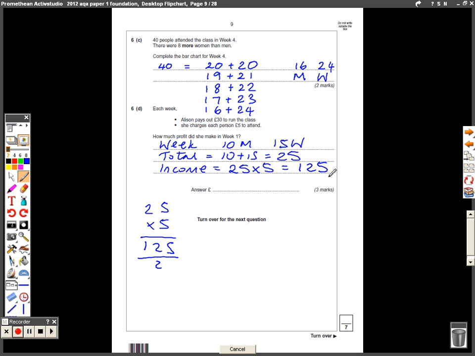And Alison pays out £30 to run the class, so we're asked for her profit, so her profit is going to equal 125, take away 30, and I could write it out again like this, 125, take away 30, 5 take away 0 is 5, 2 take away 3, can't do it, 12 take away 3 is 9, so that's 95, so the profit is £95.